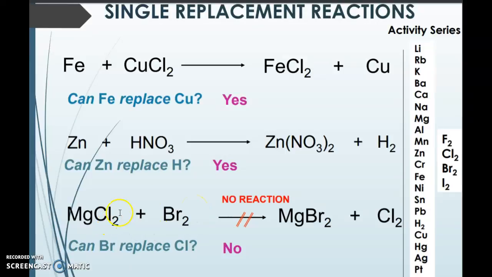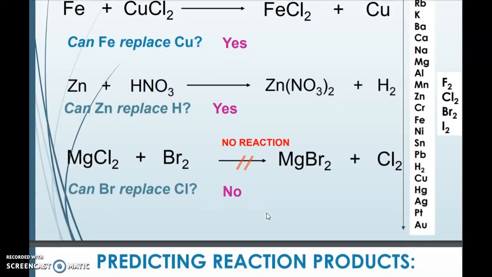Here you're going to look at chlorine and bromine and say, can bromine knock out chlorine? These are both anions, so you have to think of the anions together. Magnesium doesn't matter here. So is bromine higher than chlorine? Nope. Bromine is right below chlorine in the halogens, so therefore it cannot replace chlorine.